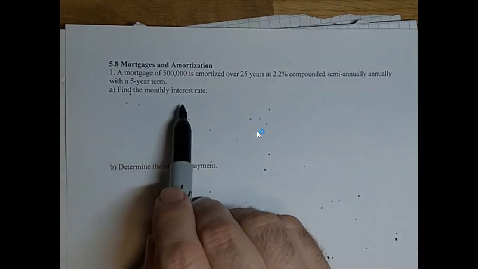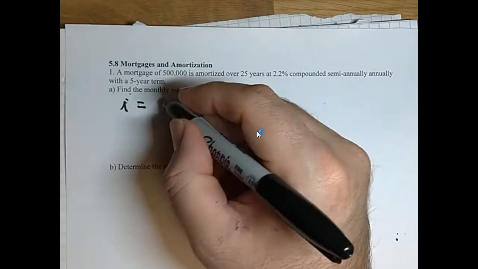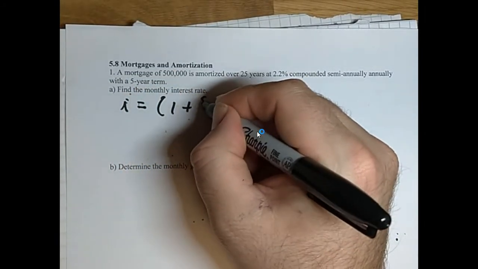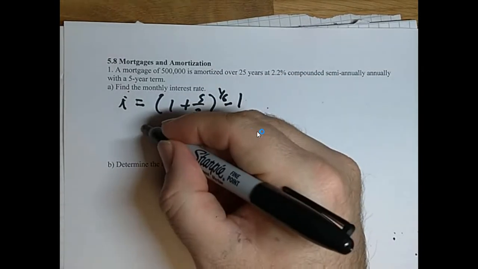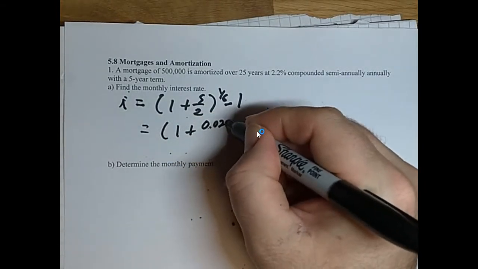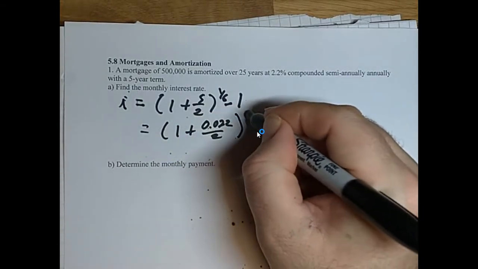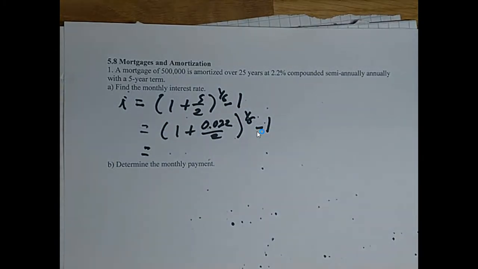Okay, first find the monthly interest rate. So I've got to use that fancy formula: 1 plus i over 2 to the 1/6, minus 1. We put it in the formula: 1 plus 0.022 over 2, to the exponent 1 divided by 6, minus 1. We'll use our calculator and it'll figure it out.